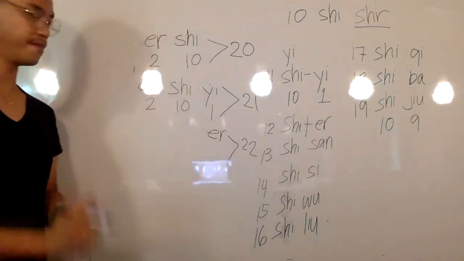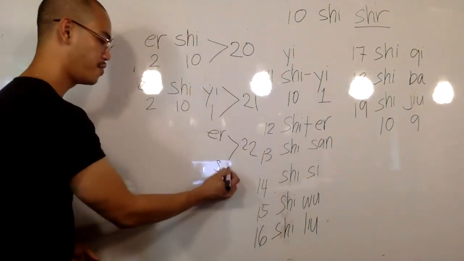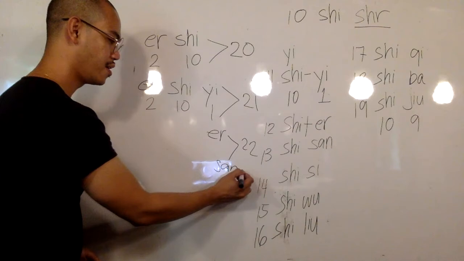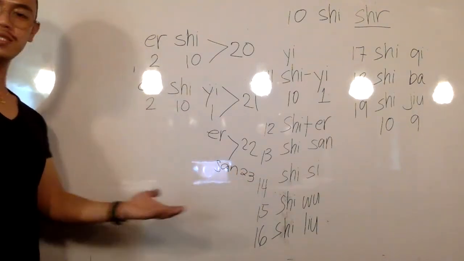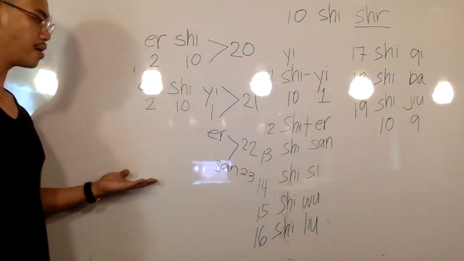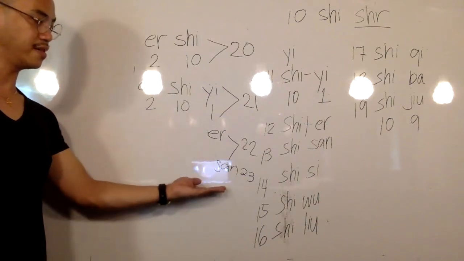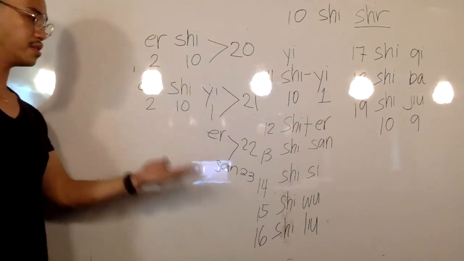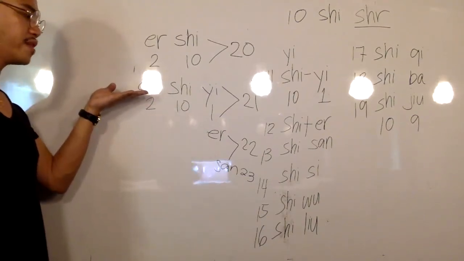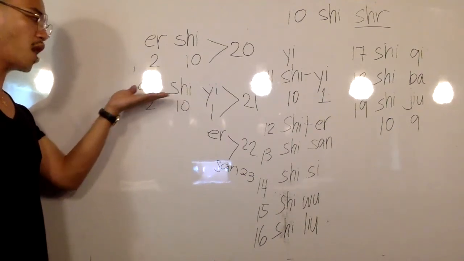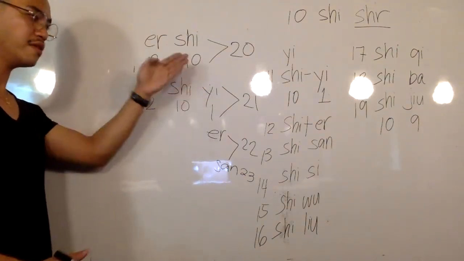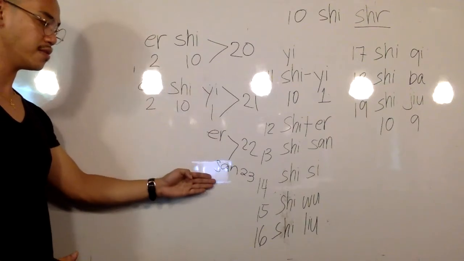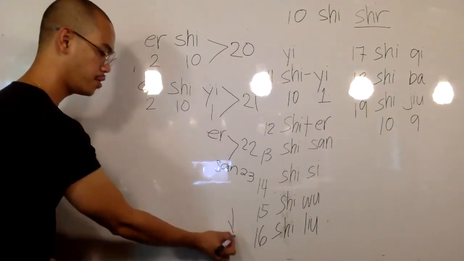How about 23? Right. Er shi san. So this is the way you write 20, 21, and you follow the formula until 29.